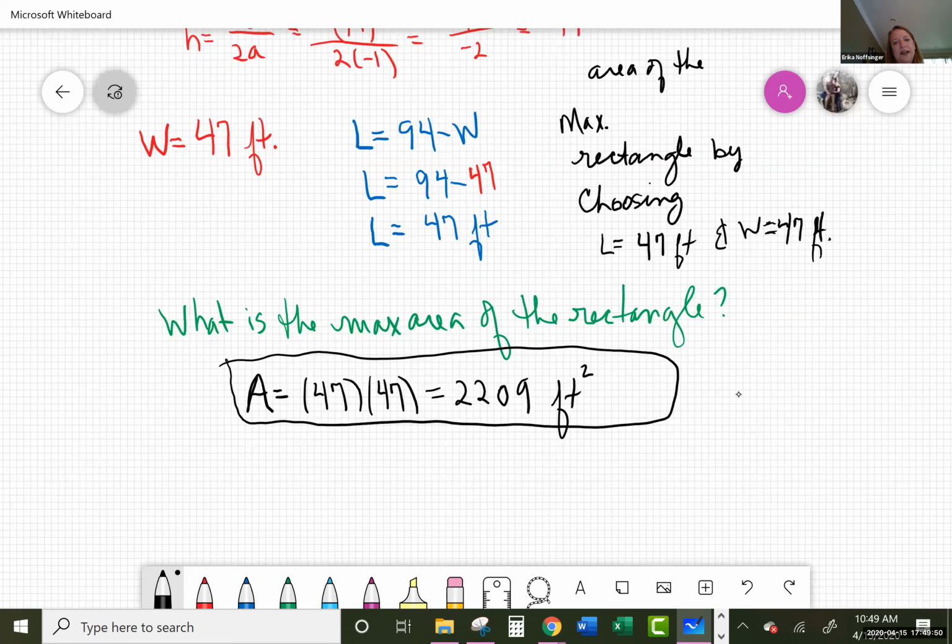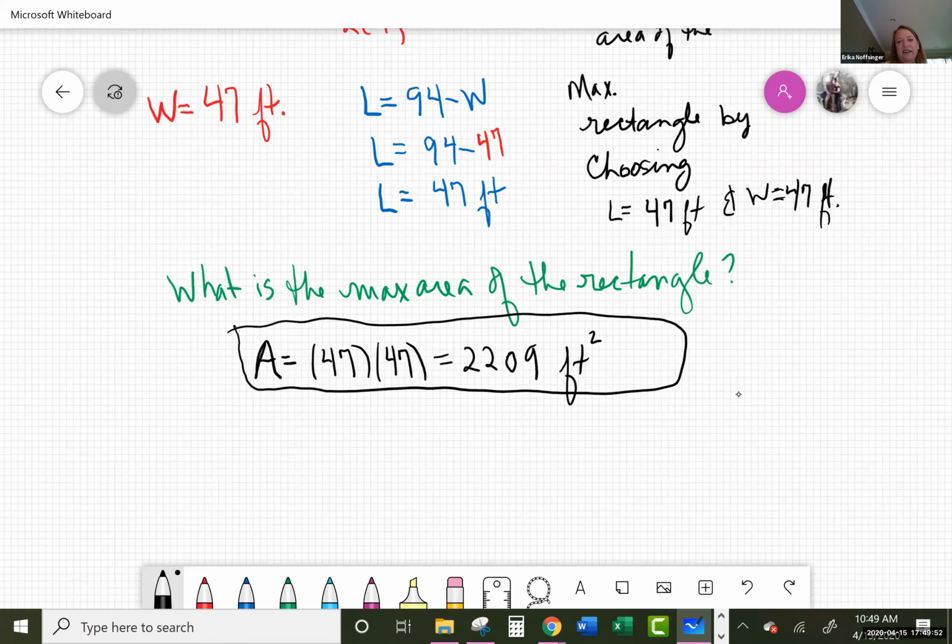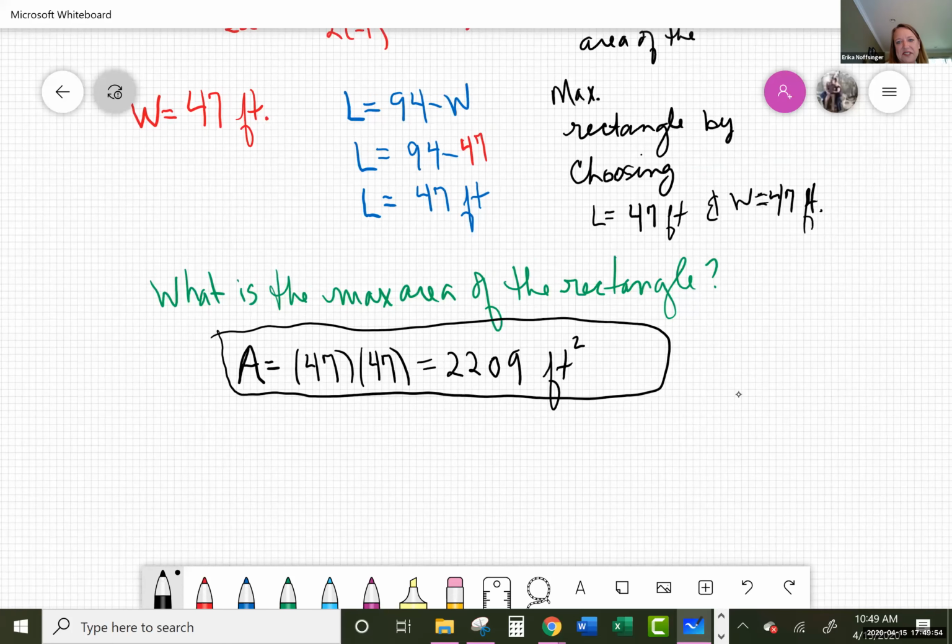Anyways, so we found the maximum area and we found the dimensions that would give us that maximum area. So pretty cool. So that is 11.6. So just kind of a recap of 11.6, everything we've done.